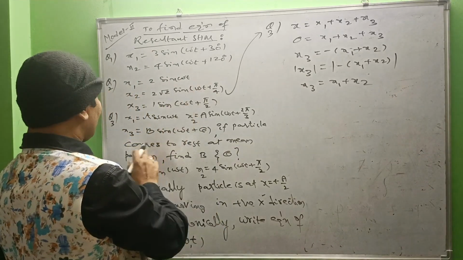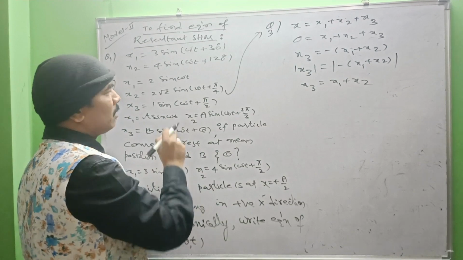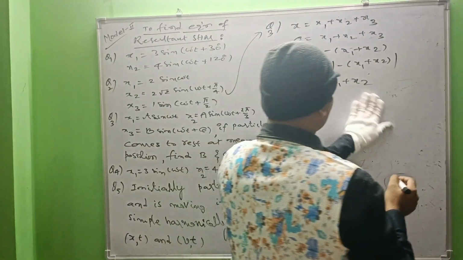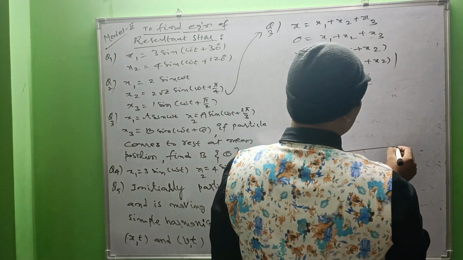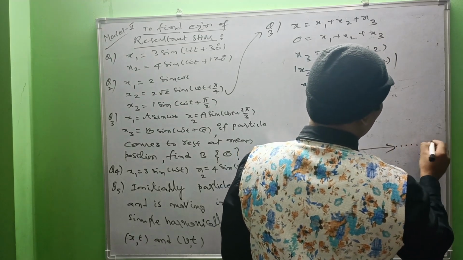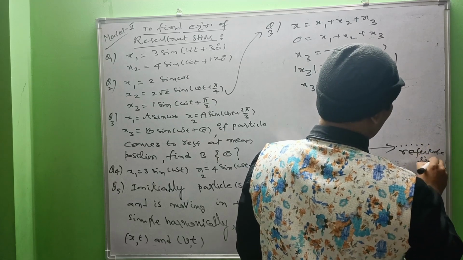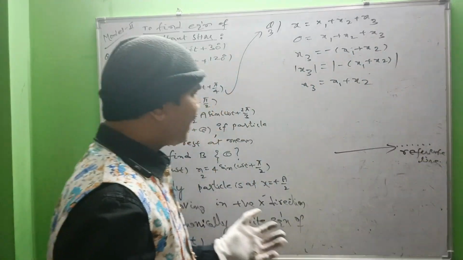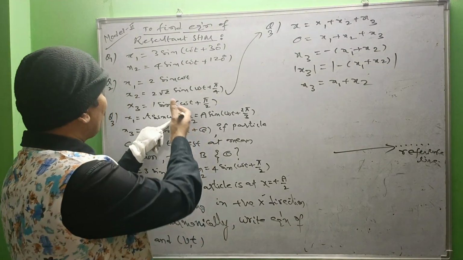When t equals 0 in the first expression, what is the phase? 0. So that's why I am taking one reference line like this. With respect to the reference line, the initial phase at t equals 0 for the first oscillation is phi 1 equals 0.